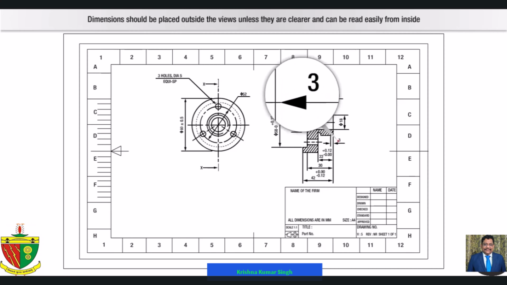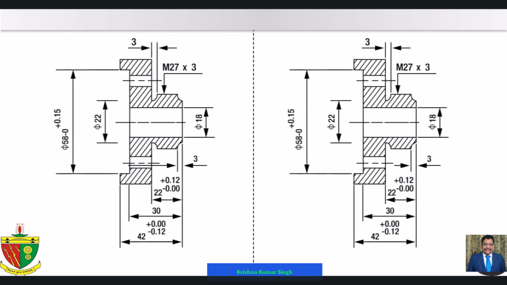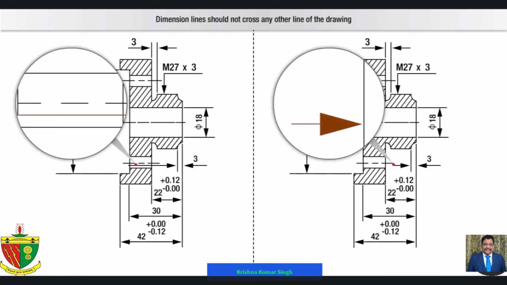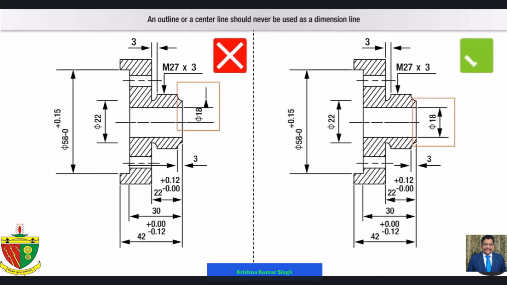Dimensions should be placed outside the views unless they are clearer and can be read easily from inside. Dimension line should not cross any other line of the drawing. An outline or a center line should never be used as a dimension line.